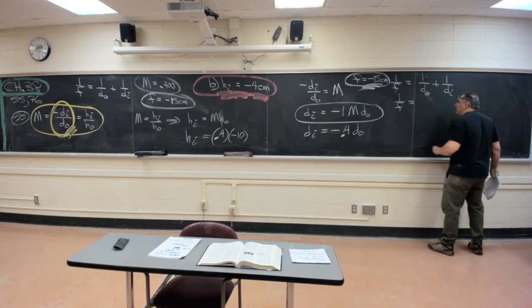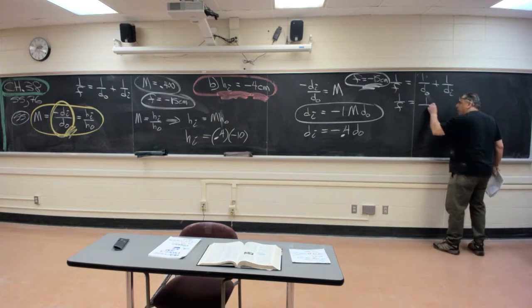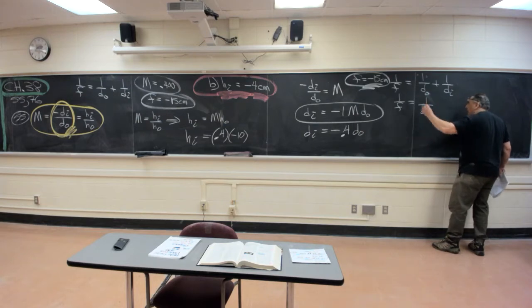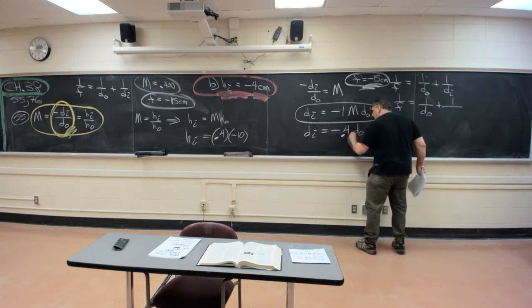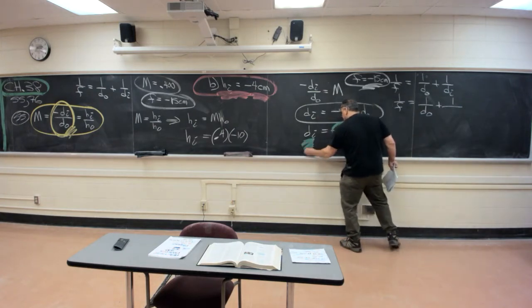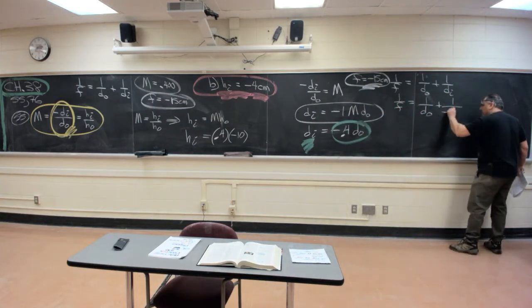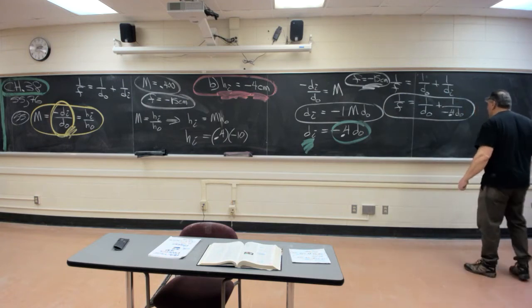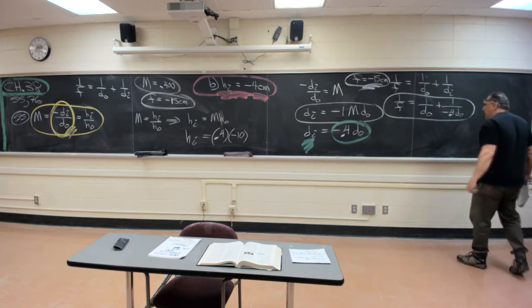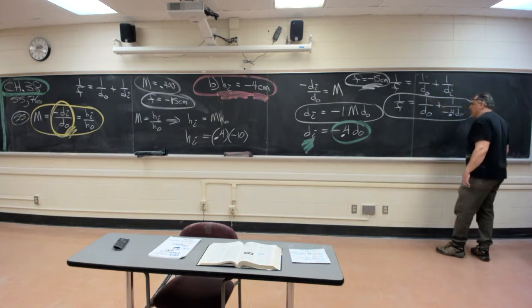Do is do. This is kind of interesting. 1 over do is whatever it is. 1 over di is negative 0.4 do. Where do you want to go with this? A whole number of ways to go.